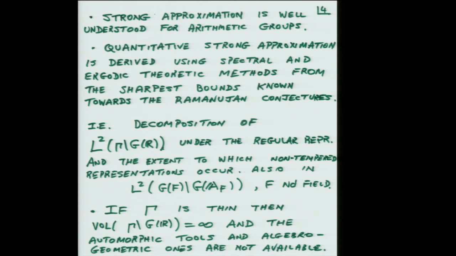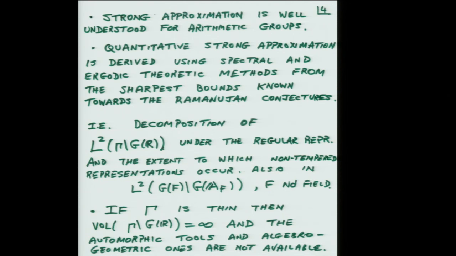The quantitative question in the arithmetic case, which is very much used in all Diophantine analysis of the type that I have in mind, all use the Ramanujan conjectures, which, let me just remind you in this lowbrow version, is this. We are in an arithmetic case, so G(R) over gamma, or maybe if you work adelically, this is a finite volume quotient, and you take this Hilbert space, you decompose it under the right regular representation, and you ask which representations come up.